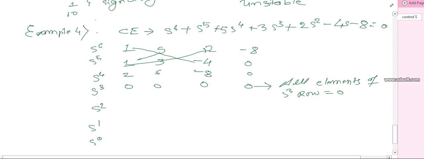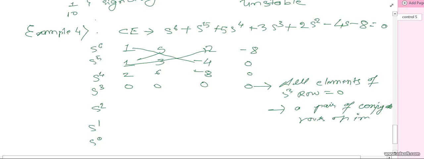If all the elements of a row in Routh's tabulation are 0, it indicates a pair of conjugate roots on the imaginary axis.